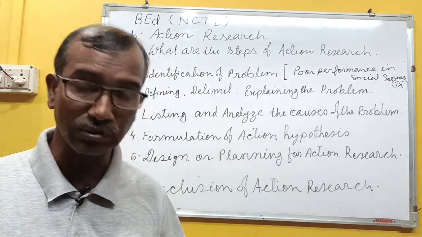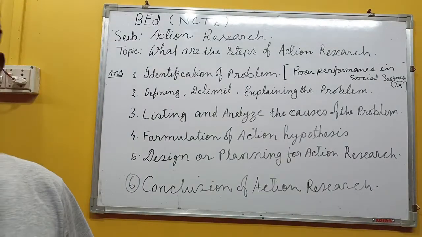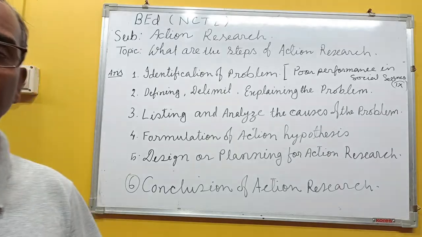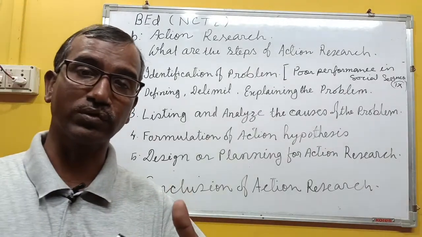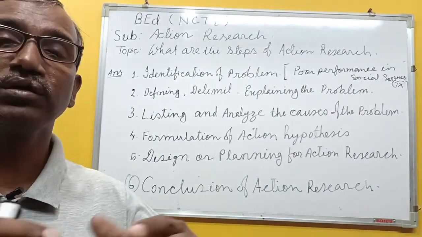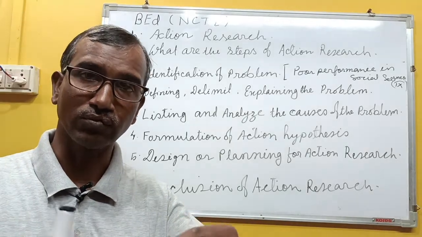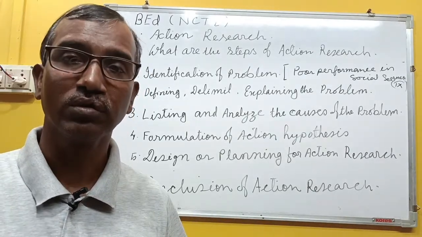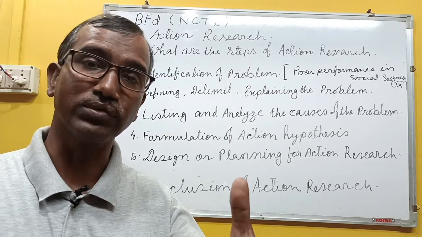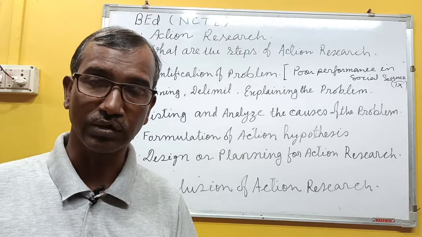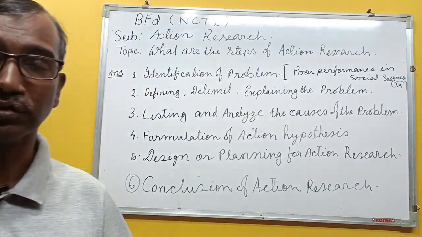when the teacher sees, after a certain period, that yes, due to the traditional method, the result was poor, and the new method has become fruitful, that means due to the application of the new method, the students of class 9 are showing good performance in social science.